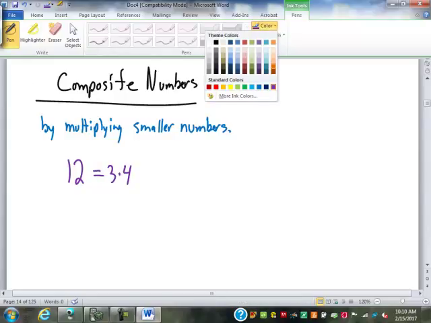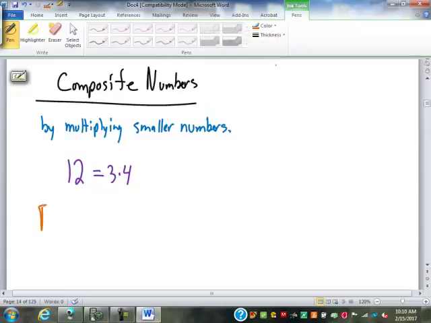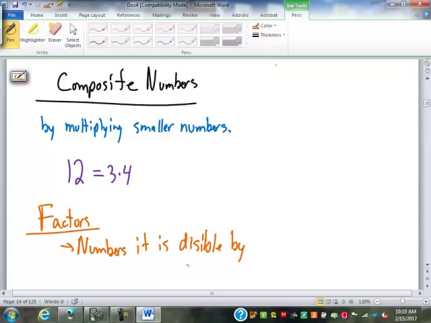Those numbers that it's divisible by are called factors. So 3 and 4 are both factors of 12 because 12 can be divided by 3 and it can be divided by 4. It can also be divided by 2 and by 6.